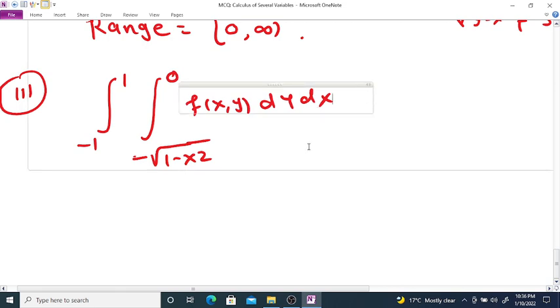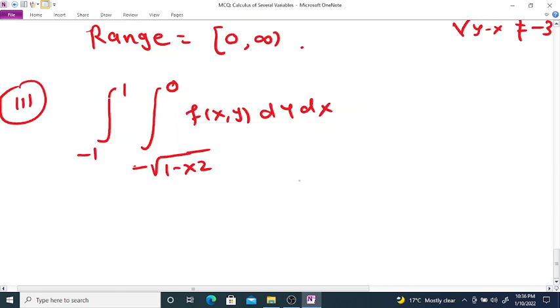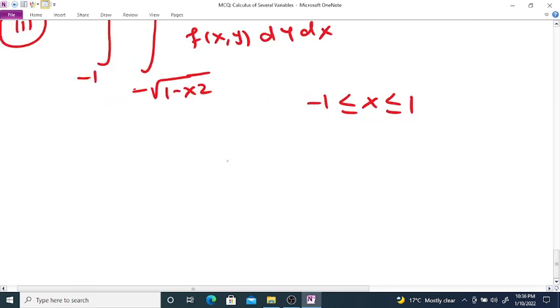So we want to change the order of this integration. Now here the limit of x is given as minus 1 less than or equal to x less than or equal to 1, and the limit of y is minus under root of 1 minus x square less than or equal to y less than or equal to 0.